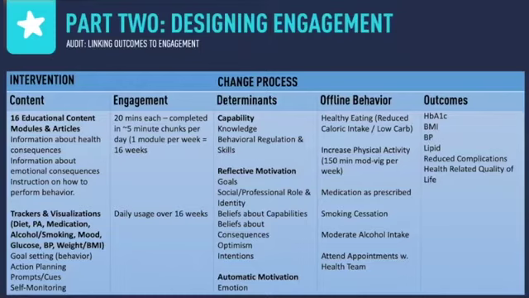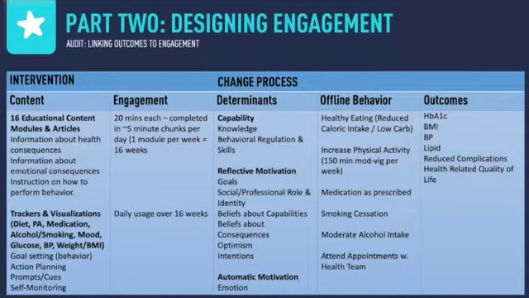We want to think about what kinds of determinants might need to change for those behaviors. Do I know about carbs and carb intake? Do I have the motivation to quit smoking? Do I believe that increased physical activity is going to help lower my lipids, for example?